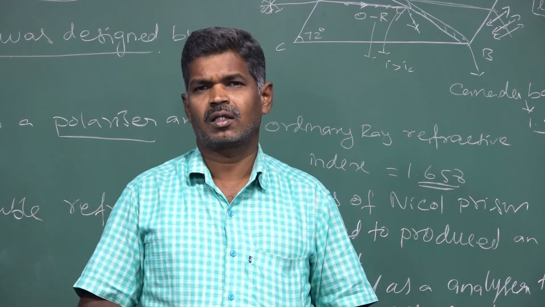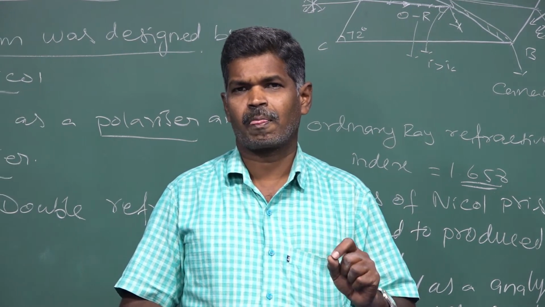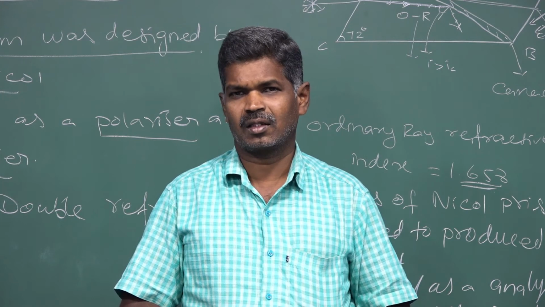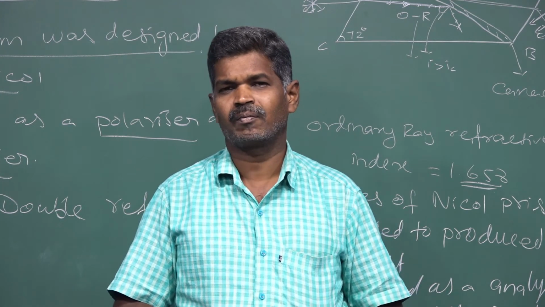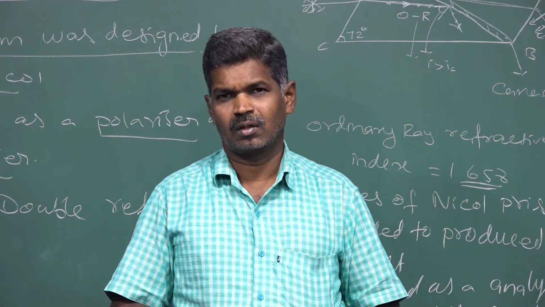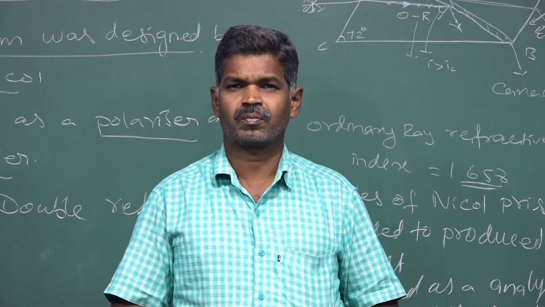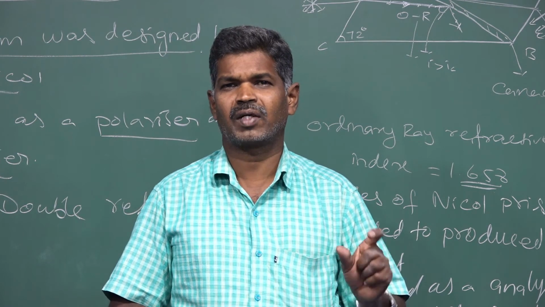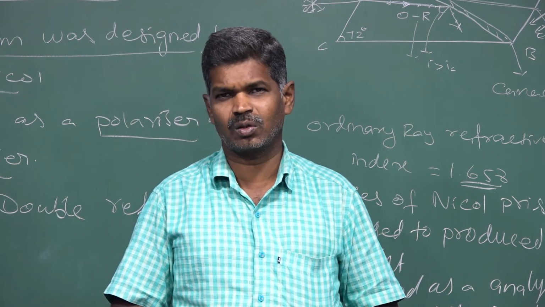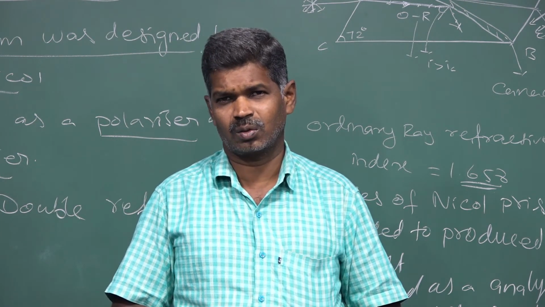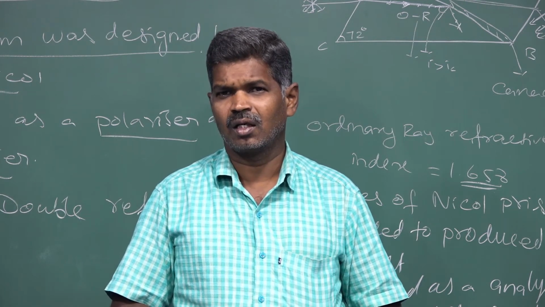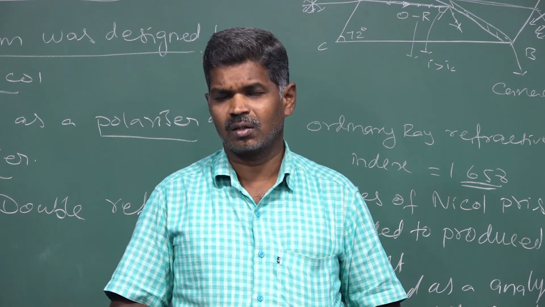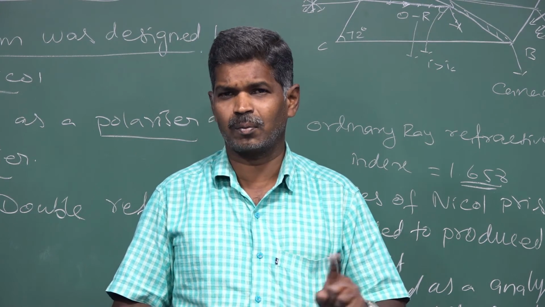The Nicol prism was manufactured and first designed by William Nicol. The Nicol prism uses the double refraction principle. What purpose is the Nicol prism used for? To produce and analyze plane polarized light.